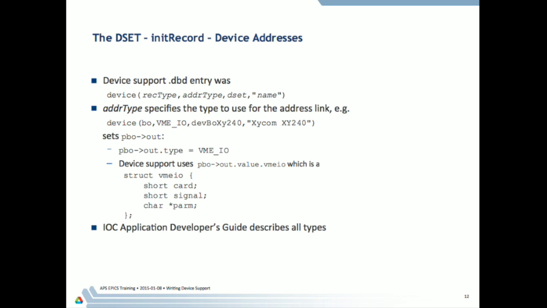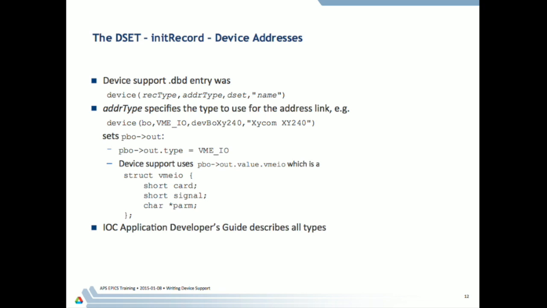One of those is the type, and so the type will be set to the constant value VME_IO, and then your device support is going to want to check that the type is the type it's expecting. If it's a VME_IO, the value itself is going to have three fields: the card number and the signal number, which are both 16-bit integers, and a string, which is the final parameter, which is available to you to use and to parse as you wish.